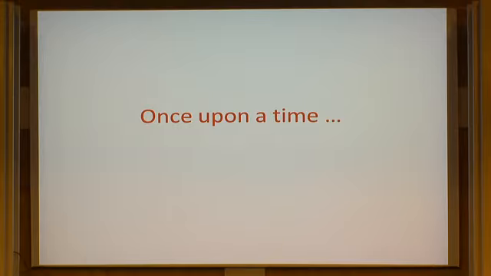So the fairy tale starts off like this: once upon a time, life started on Earth. And how did it start? Well, nobody knows, but presumably there was some sort of autocatalytic reaction that became the basis for early metabolism.